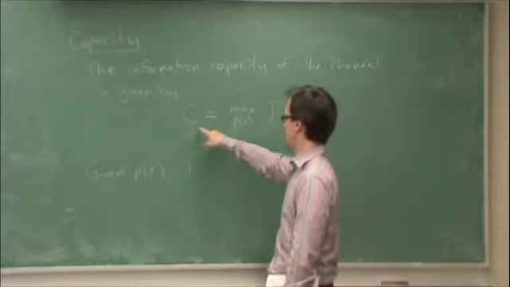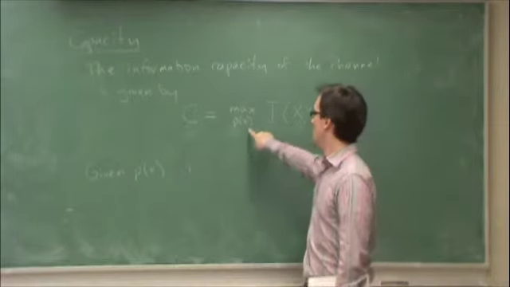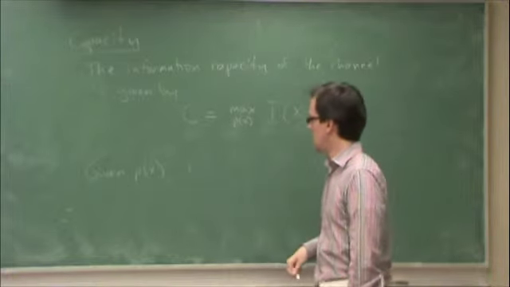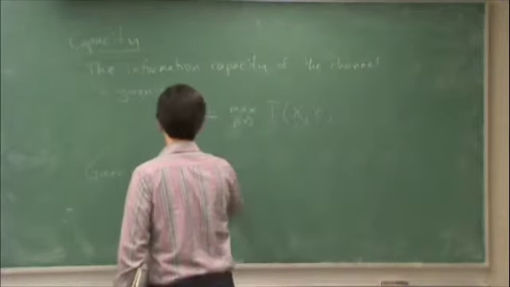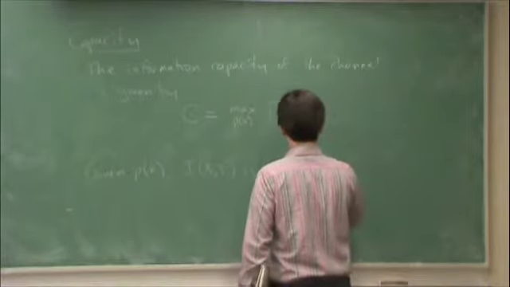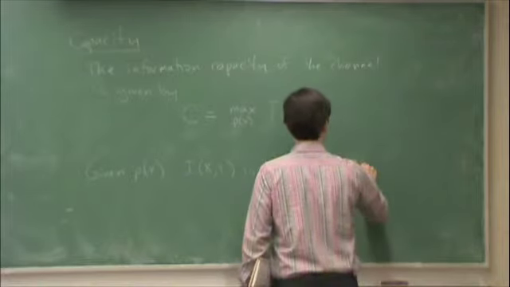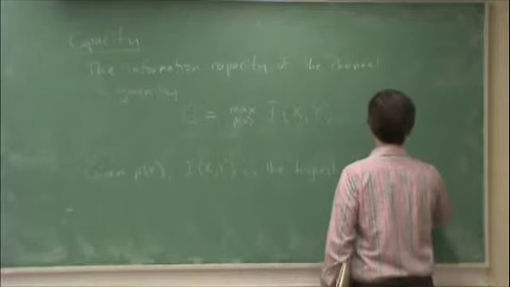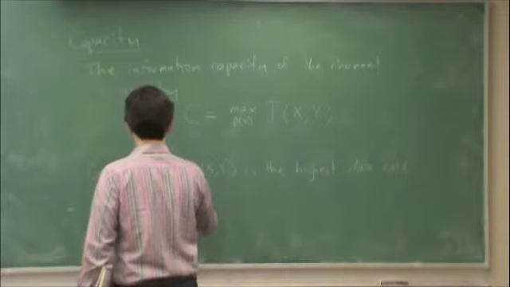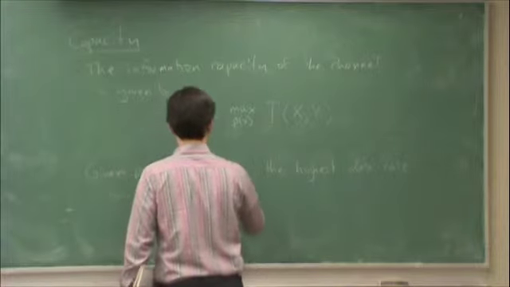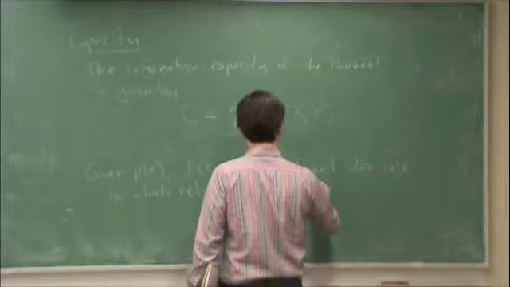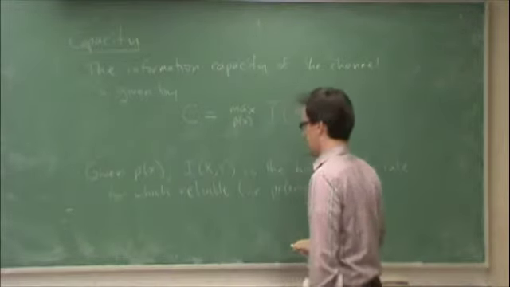Correct, but we're returning the maximum value of I, where the maximum is taken over all possible P of X. So given P of X, I of X and Y is the highest data rate for which reliable, i.e. probability of error going to 0, communication is possible.